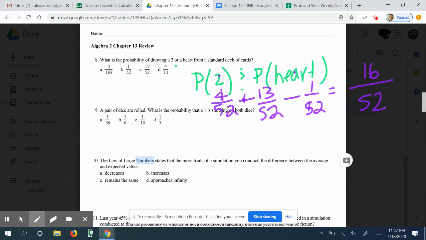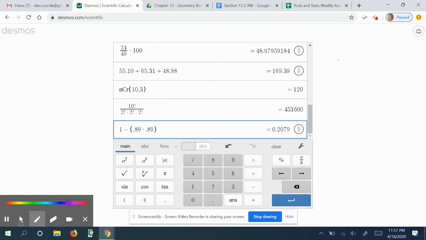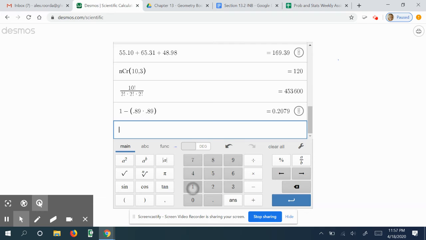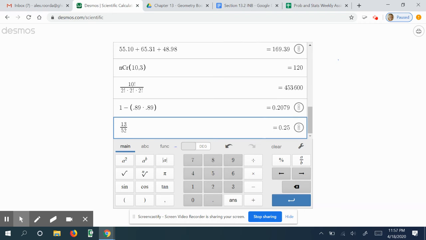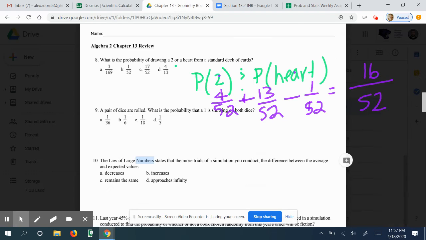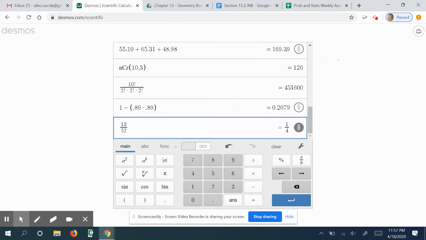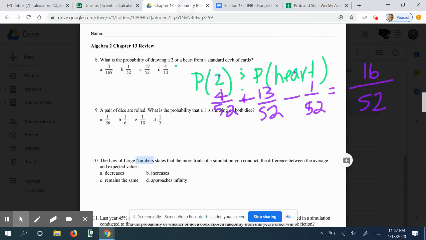But what I want you to do is go to your calculator and simplify. 16 out of 52 is 4 out of 13, which you actually do see is one of our options. It's option D. So the correct answer to this one is 4 out of 13. Okay? All right, next one.